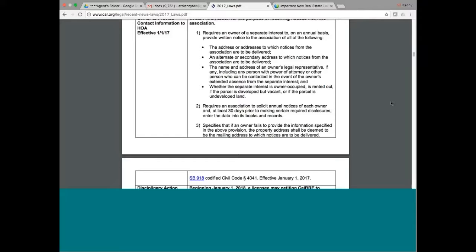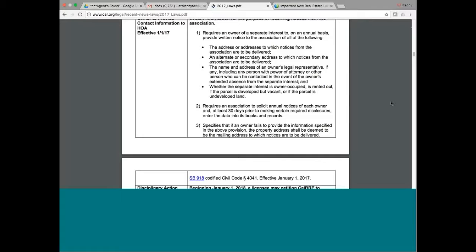So in other words, if you have a property owner who lives in China, and the property is being rented out, and each year, the association will send you a notice to require you to provide the address to which legal notices are to be delivered. And if you do not respond, then the association can send all notices to the property address and use the property address as the mailing address.